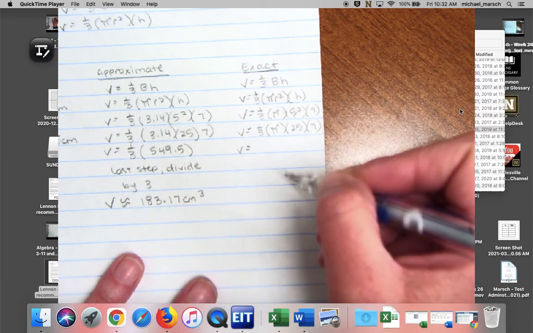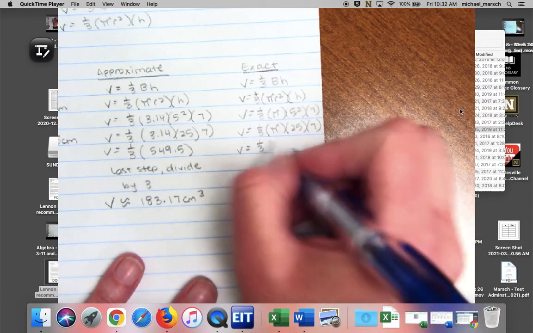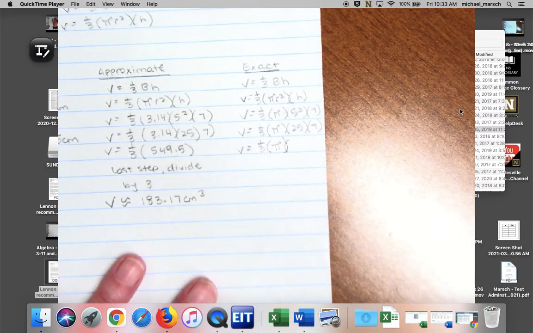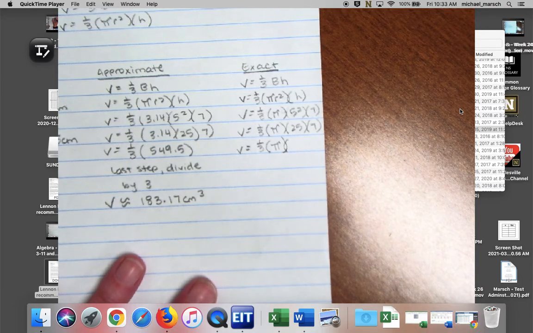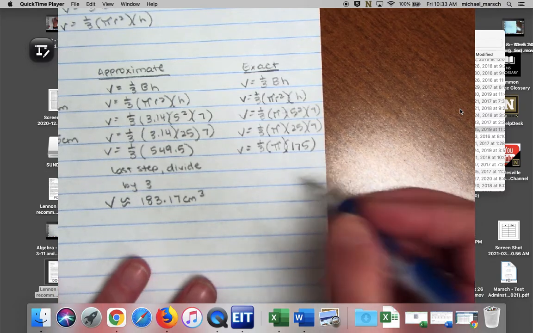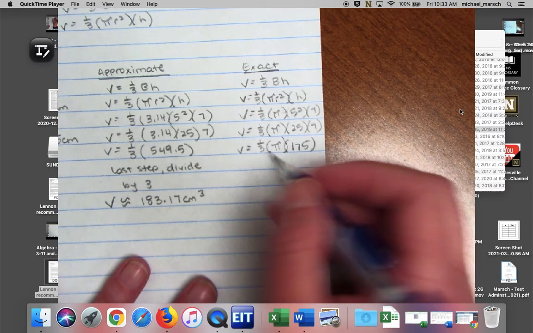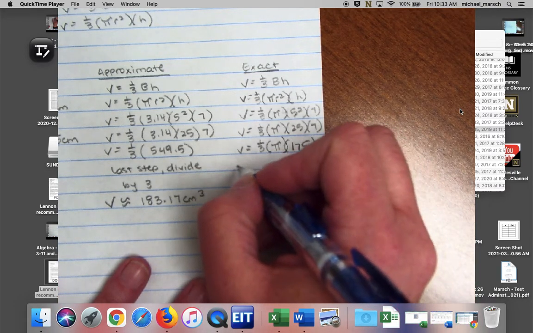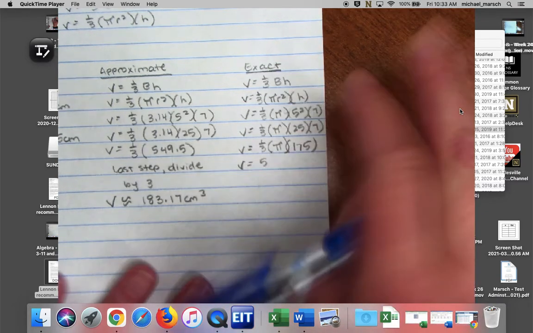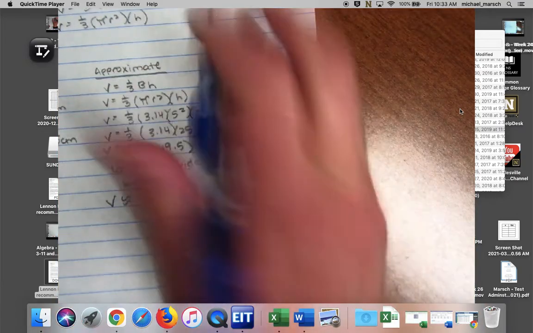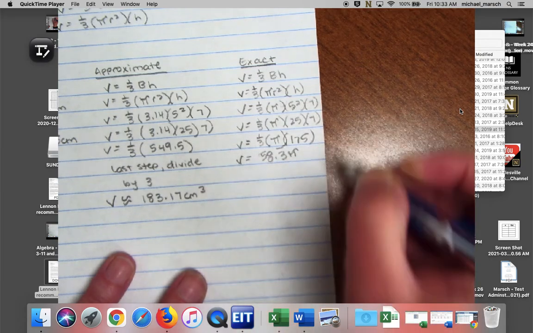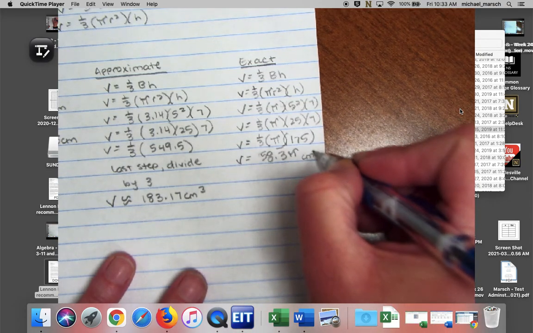So volume is going to be 1/3 of pi times 25 times 7, 175, right? So this is where I'm going to do 175 divided by 3. So volume equals 58.3 repeating pi. And then we would say centimeters cubed, right?